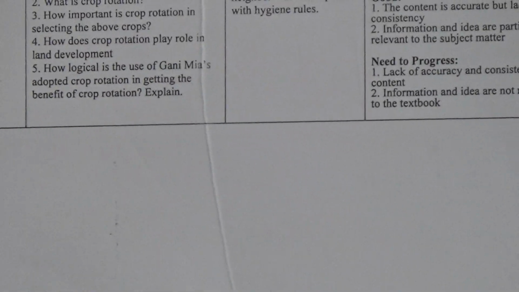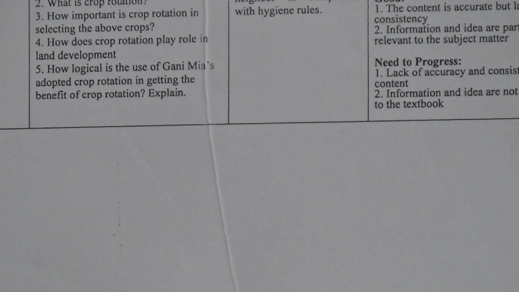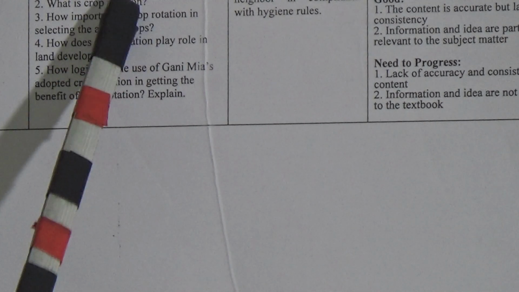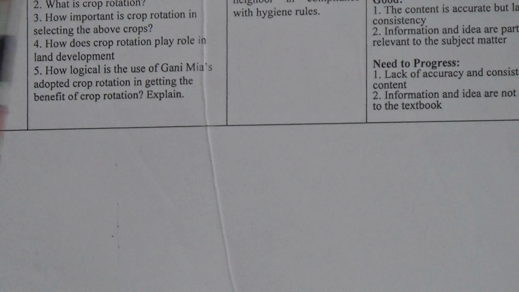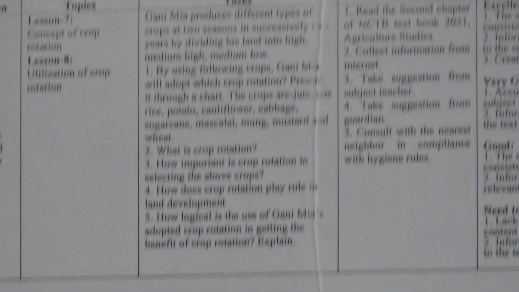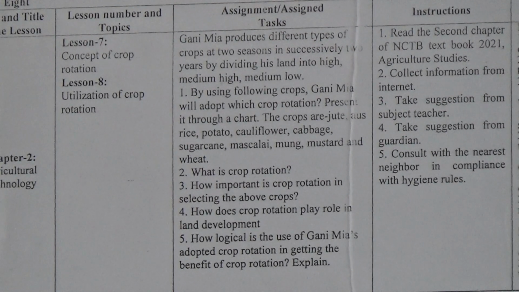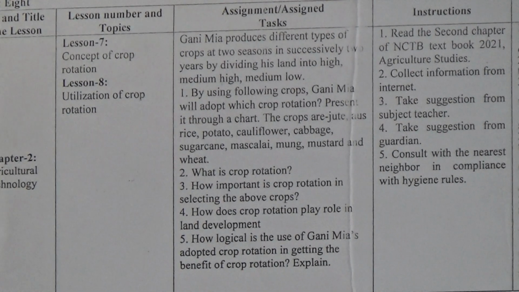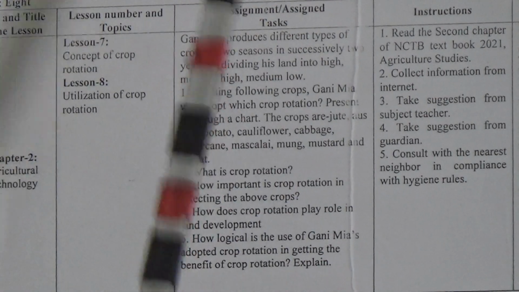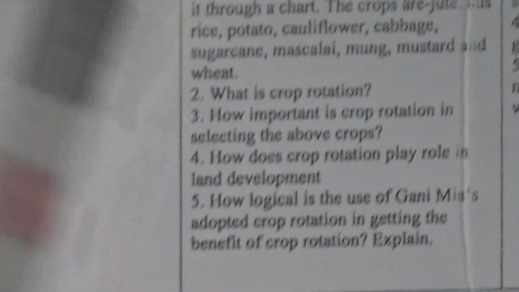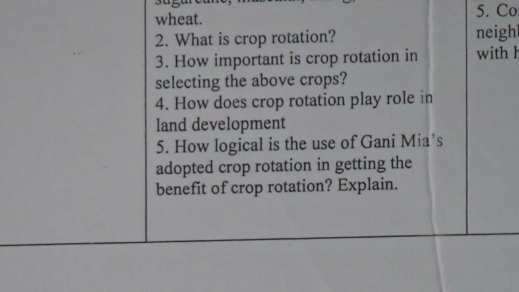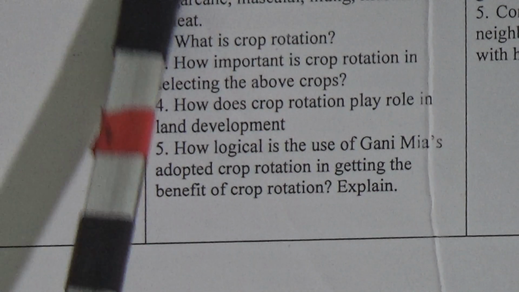In the second paragraph it's written that by seeing this kind of crops, it indicates that Gonemia produces the crops in Panchagarh or Thakurgaon districts in our country. So you will go to your textbook at page 31, paragraph number 2, and write the answer from there.